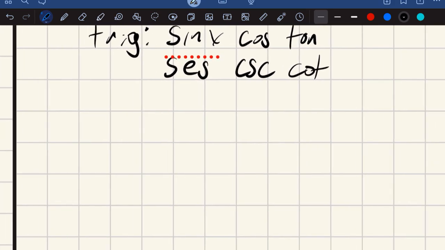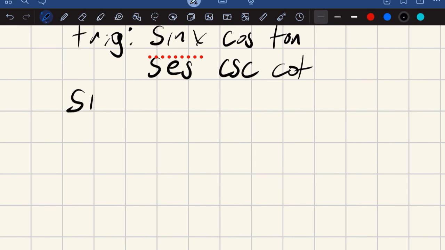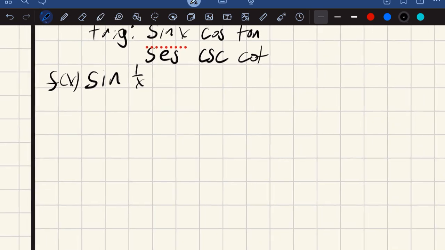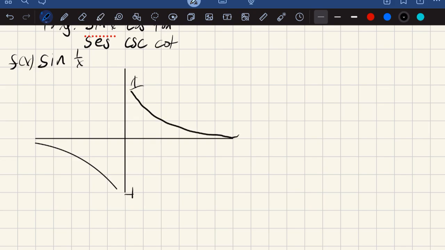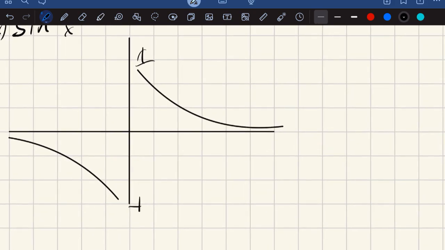This only happens when you have a trig function of 1 over x, or something in the 1 over x form. So for example, if we have sine of 1 over x, the graph looks funky. You have this on the left, let this be -1, and then this be +1, and this on the right side, right? And then as it gets to 0, it just becomes this.